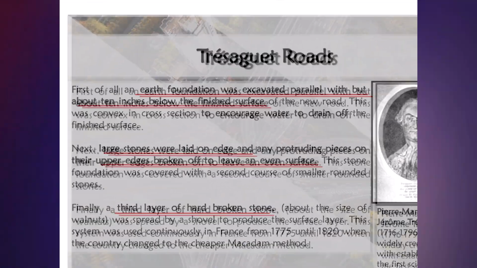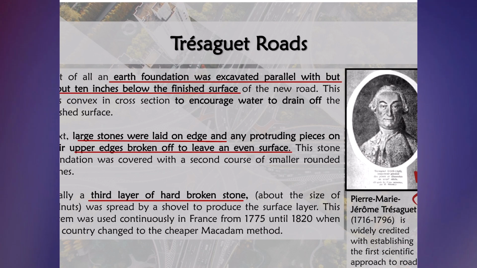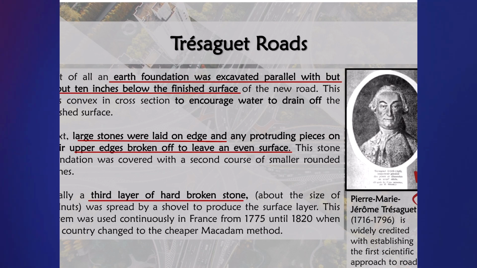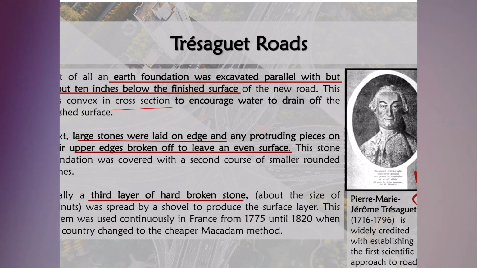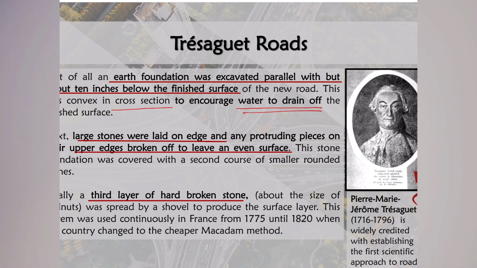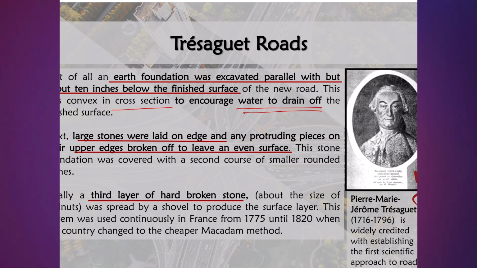So first of all, in a Tresagi road, an earth foundation was excavated parallel with, but about 10 inches below, the finished surface of the road. This was convex in cross-section to encourage water to drain off, similar to the Roman roads concept. Next, large stones were laid on edge and any protruding pieces on their upper edges broken off to leave an even surface.